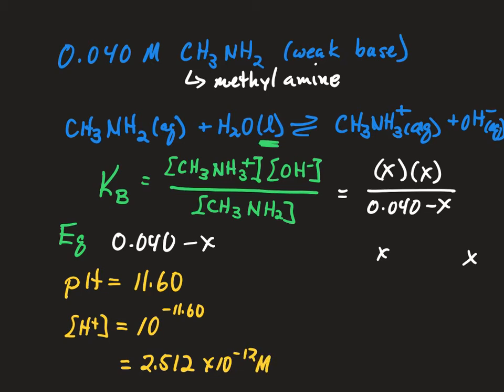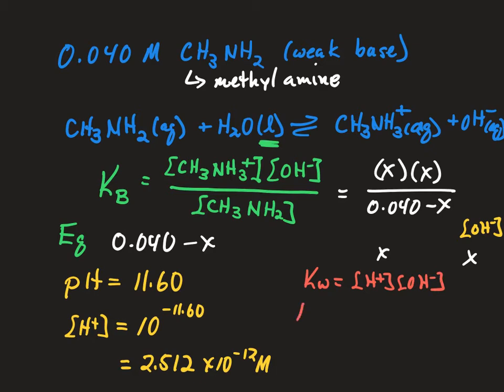Okay, but that's hydrogen ions. And remember, X is the concentration of hydroxide ions. So we have to use our Kw. Our Kw is the concentration of hydrogen ions times the concentration of hydroxide ions.